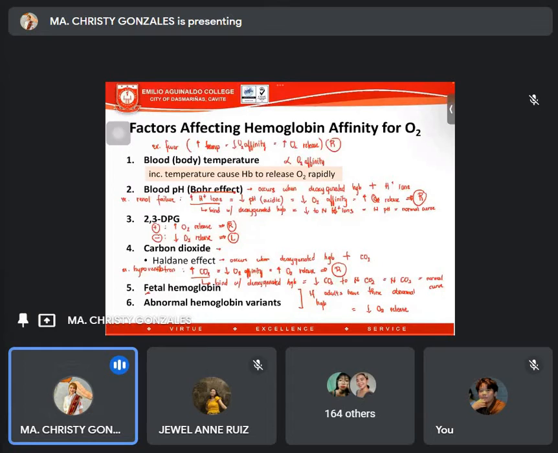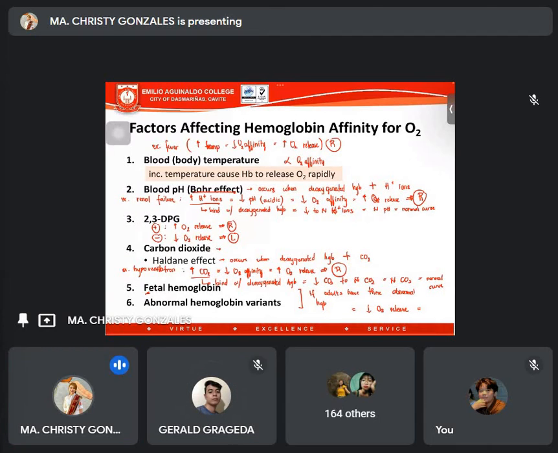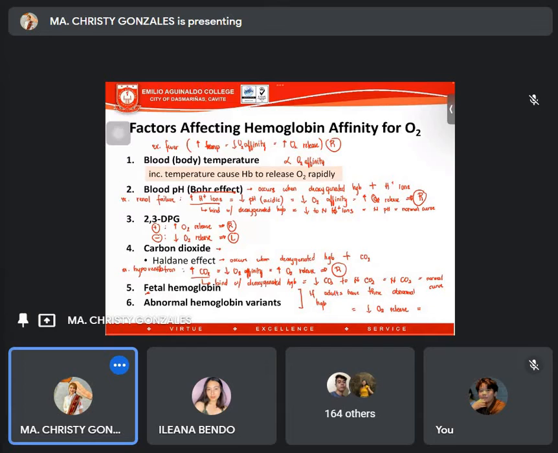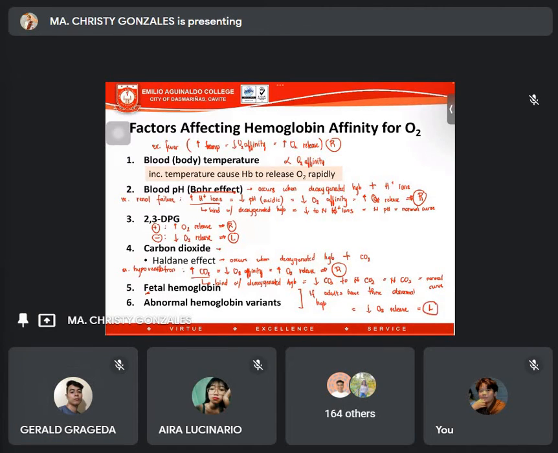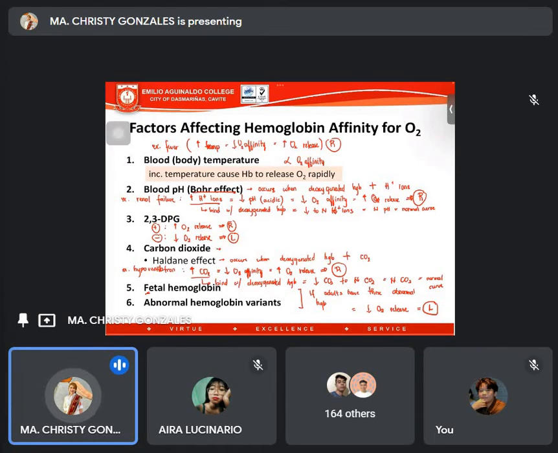And because of that, shift to the right, shift to the left. Right po, ma'am. Decrease ang release. Shift to the right, shift to the left. Left po, ma'am. Okay. Shift to the left. Guys, ganito. Ang technique lang dito, tignan yung mabuti yung release.